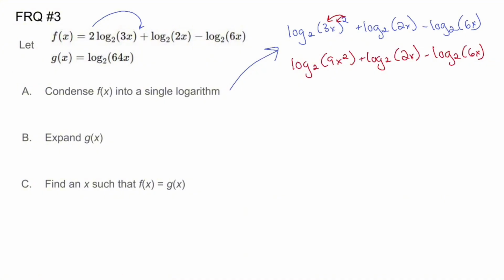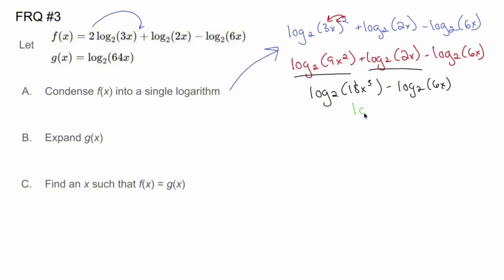Whenever you add two logs of the same base, you multiply the insides. So this becomes log base 2 of 18, because 9 times 2, and x squared times x is x cubed, and then I still have minus log base 2 of 6x lingering around. When you subtract logs of the same base, you divide the insides.